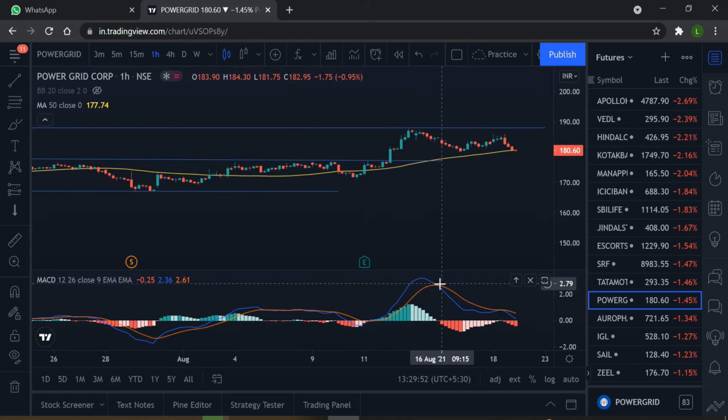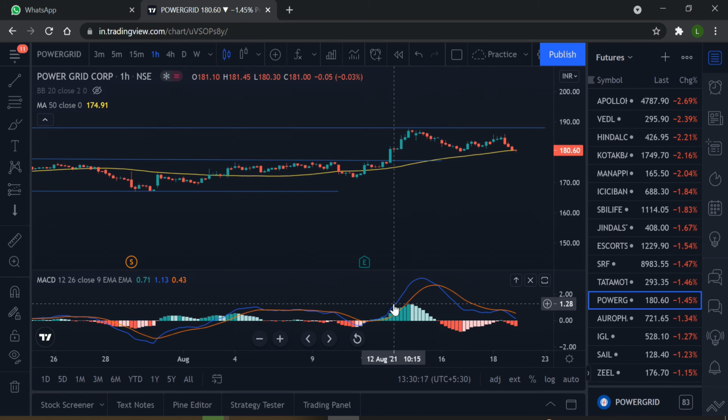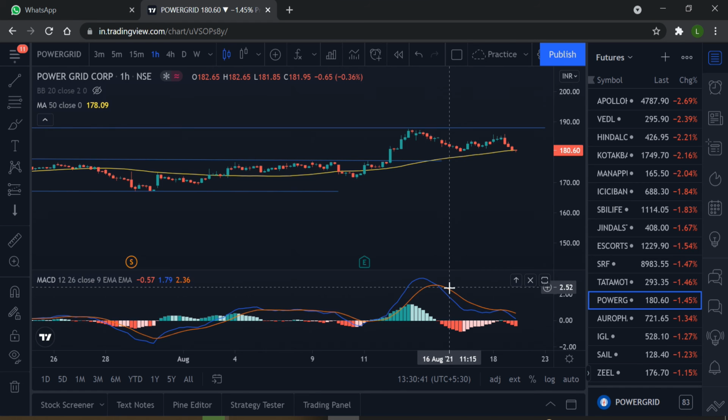And whenever the red line is above and the blue line is below, then we say that the direction is downside. But there is a logic here. When these two lines are already above the zero line and the blue line is above the red line, then only we should consider it as an uptrend. Whenever these two lines are above the zero line, the center line, but the red line is above and the blue line is below, then we call it a sideways trend.